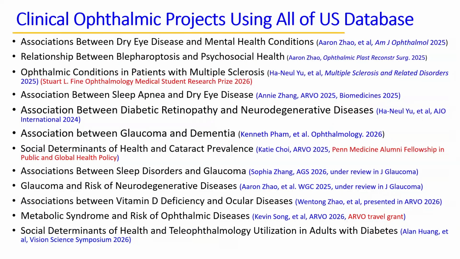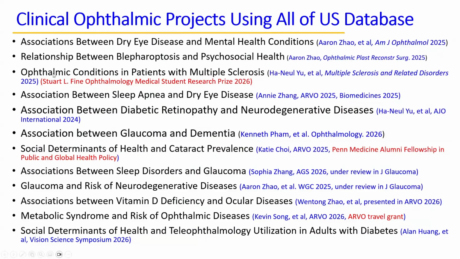This research was recognized with some awards: my students received the Stein Fine Ophthalmology medical student research prize, and another received the Penn Medicine Alumni Fellowship and the Public and Global Health Policy Award. And just last week, Kevin and Song, who worked on a project on metabolic syndrome and the risk of different eye diseases, received the ARVO travel grant.